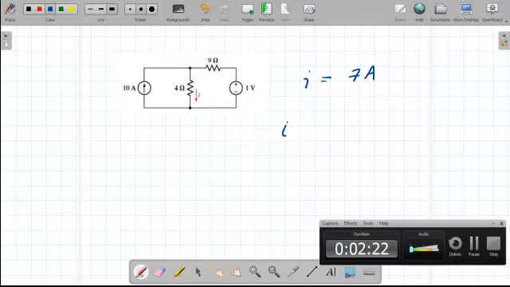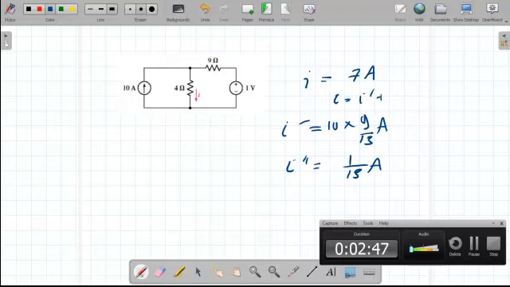I' will equal 10 times 9 over 13 amp. I'' will equal 1 over 13 amp. So if we add these together, then I actually will equal I''.